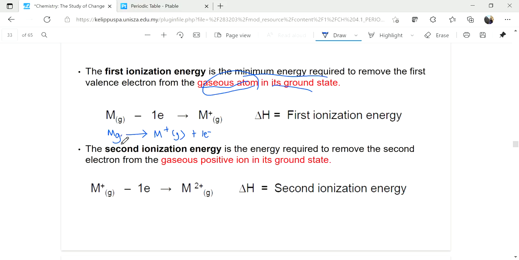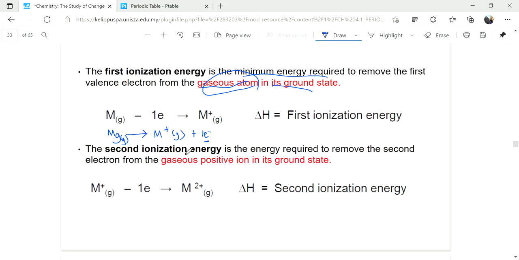Magnesium in gaseous state, not solid, not liquid, but magnesium atom in its gaseous state, will remove 1 electron, and then it will form magnesium ion, a metal ion also in gaseous state.